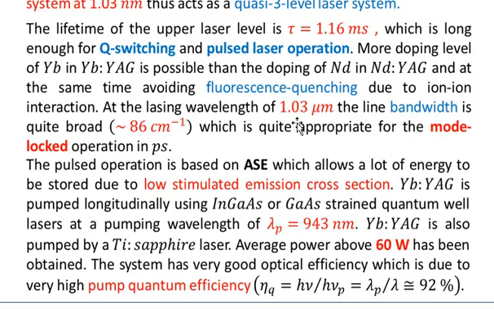At the lasing wavelength of 1.03 micrometer, you see that here I have corrected the mistake, which is 1.03 micron. The line bandwidth is quite broad, of the order of 86 centimeter inverse, which is quite appropriate for mode locked operation in picosecond. So you see that the larger bandwidth is required when we talk about the mode locked operation.